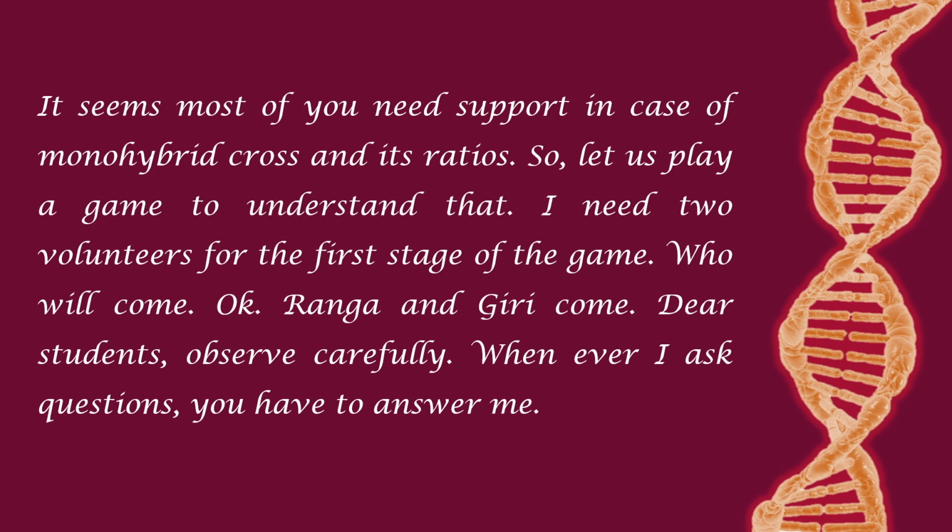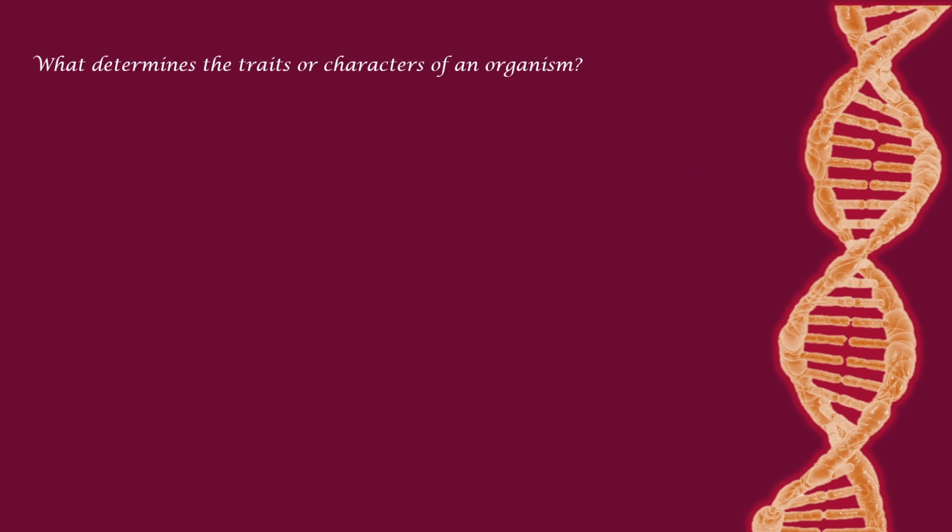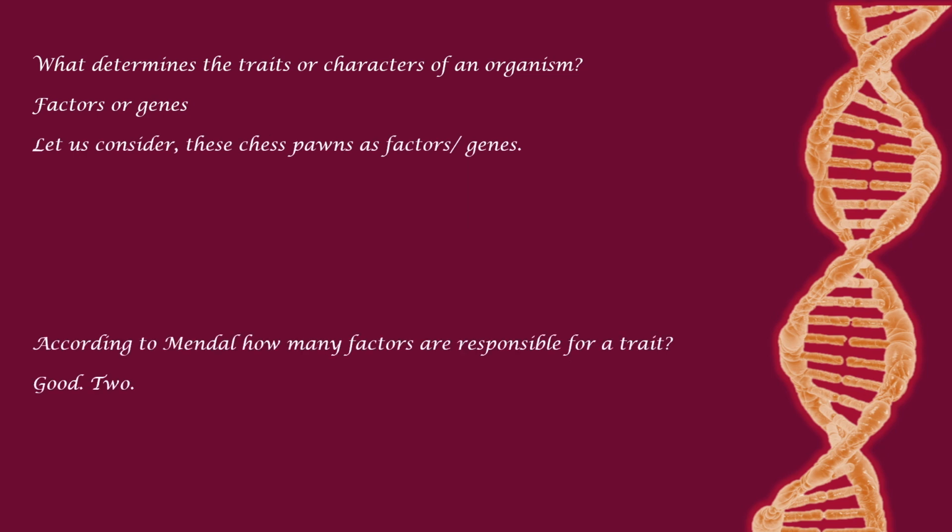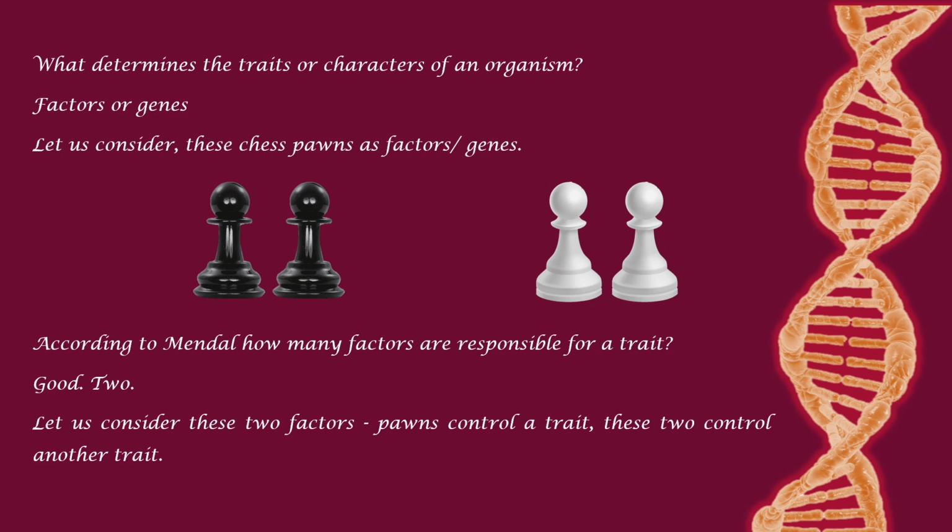Dear students, observe carefully. Whenever I ask questions, you have to answer me. So what they are doing, you should observe, right? What determines the traits or characters of an organism? Who can answer it? Good. Factors or genes. Let us consider these chess pawns as factors or genes.